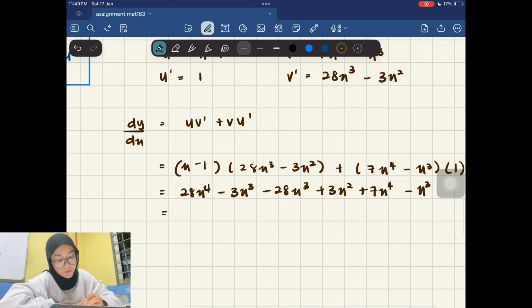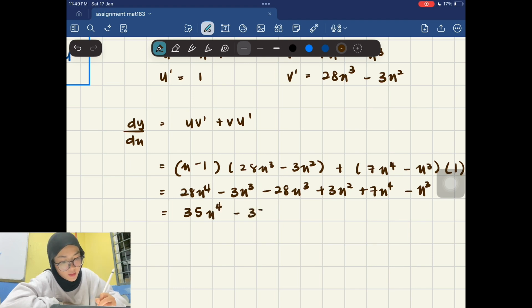And now we have to solve the equation, and we will get the final answer: 35x to the power of 4 minus 32x to the power of 3 plus 3x to the power of 2.